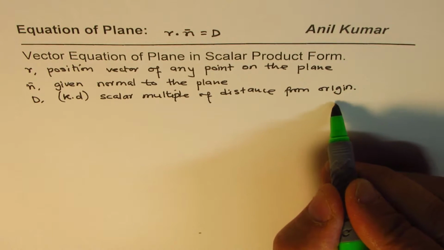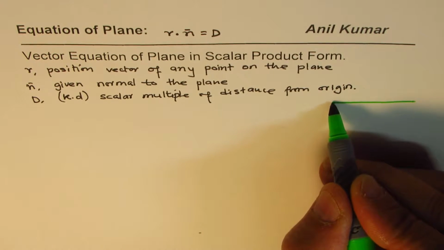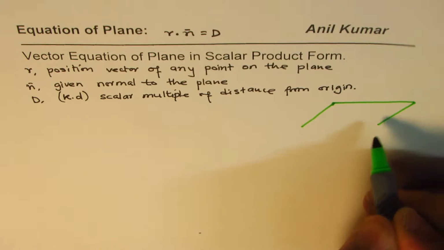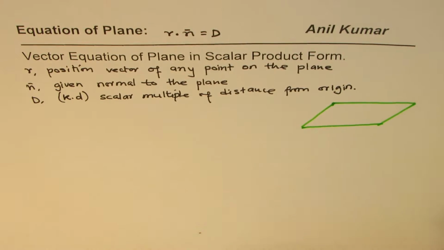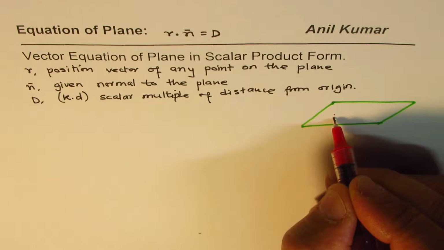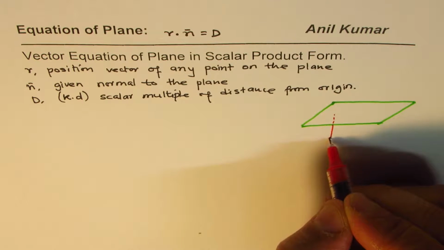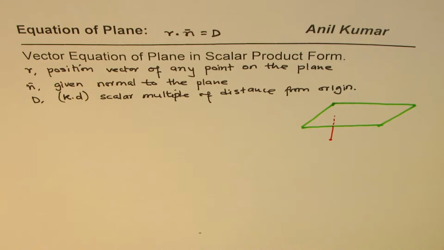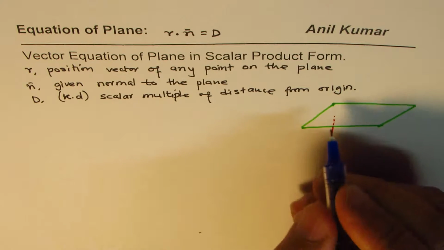Let us consider a plane here, and let us say that the normal from the origin is kind of like this. We'll take this normal to be d distance away, using small d.